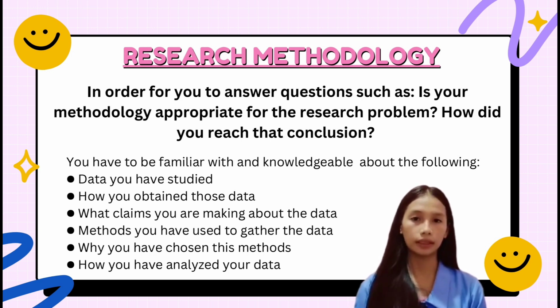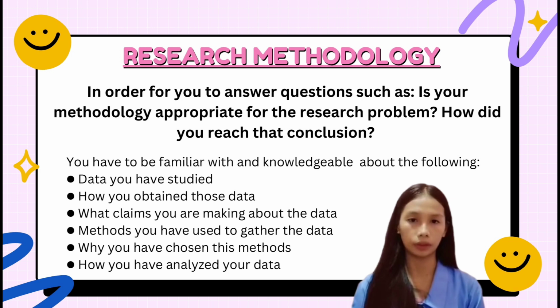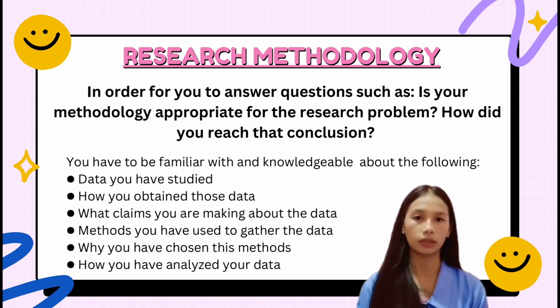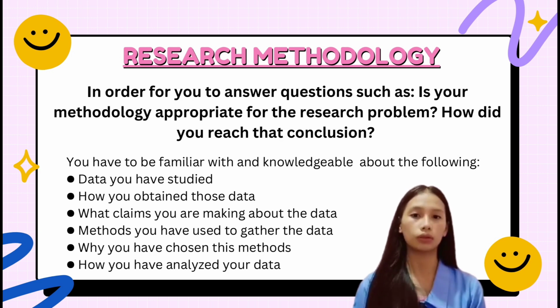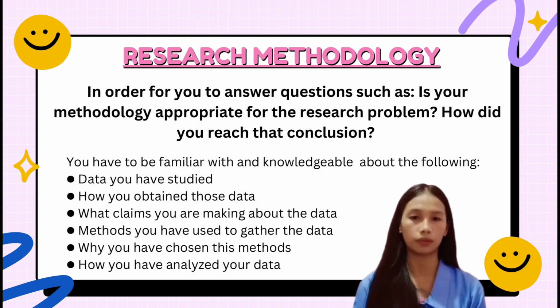It provides a detailed description of how research was conducted, allowing the reader to understand the validity and reliability of the findings. For instance, in an analytical report, the research methodology helps the readers come to the conclusion the author expects. The research methodology plays a crucial role in establishing the credibility and trustworthiness of the report's findings.